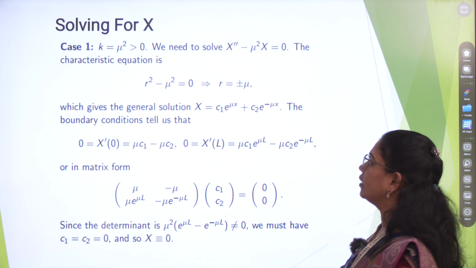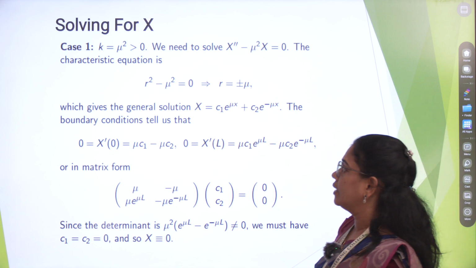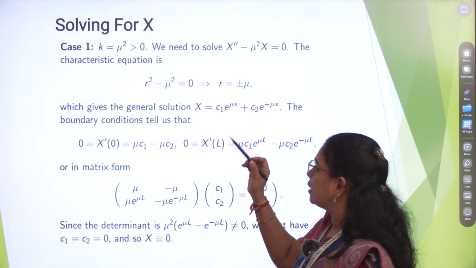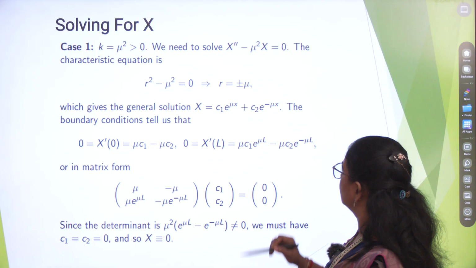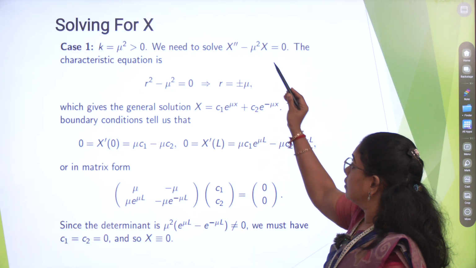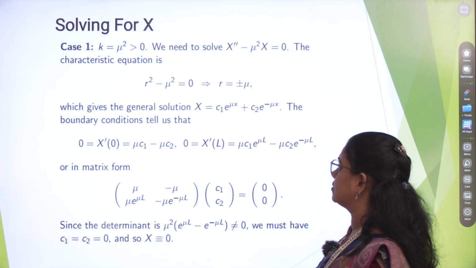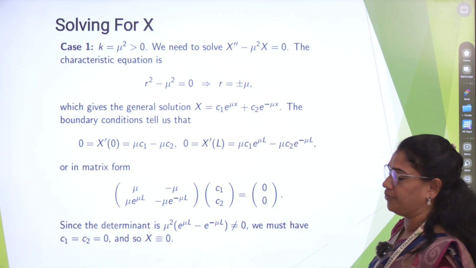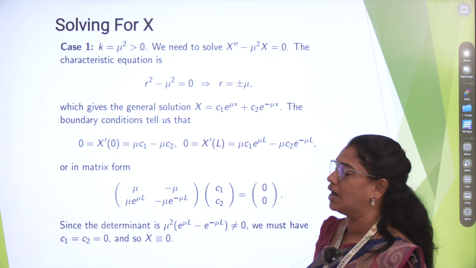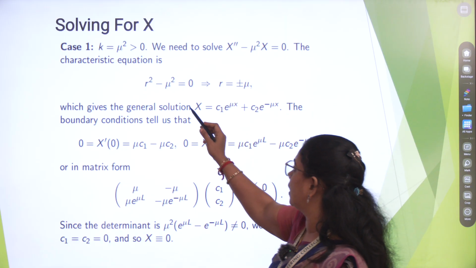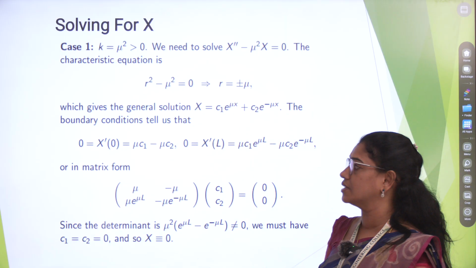Next is solving for X. Case 1: k equals mu squared greater than 0. So we need to solve X'' minus mu squared X equals 0. For the characteristic equation, we assume the auxiliary equation r squared minus mu squared equals 0, because it is a homogeneous equation.